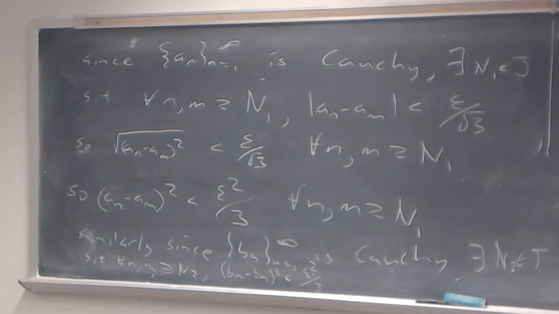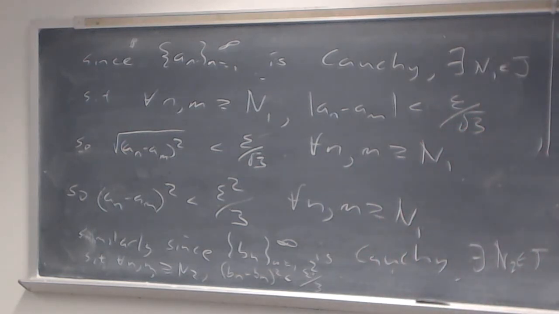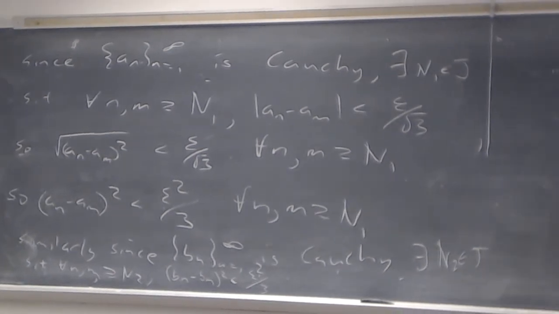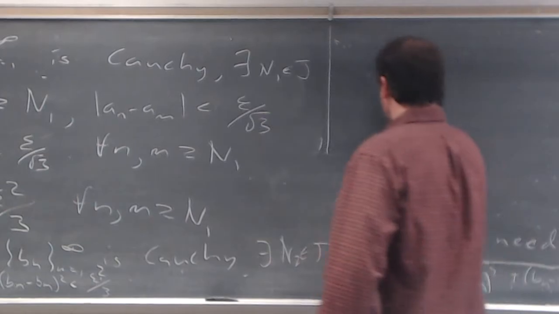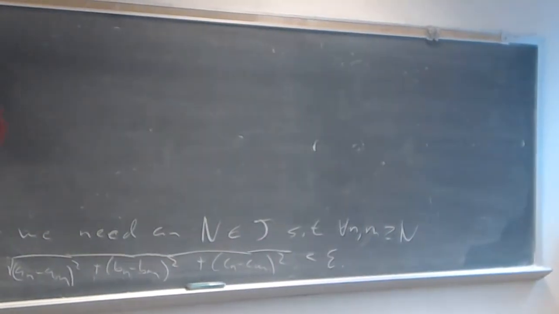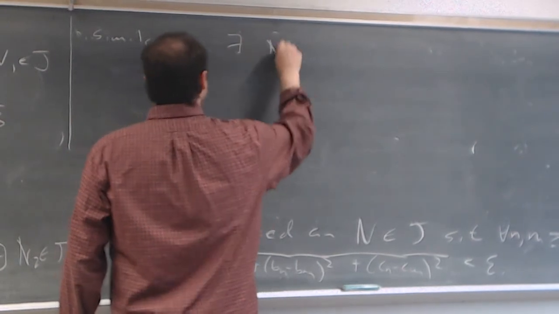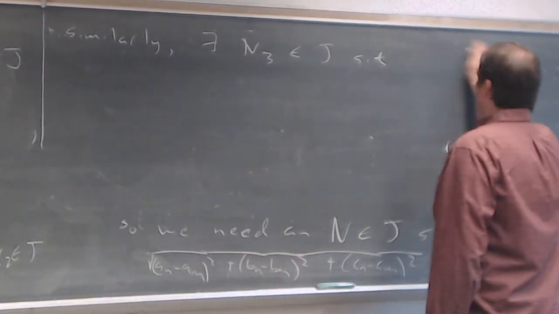Same thing. Yeah, that's right. Look, I'm working over here. Remember, this is the guy that we want. This is what we want. I'm going to leave it up here for a second longer. I'll raise this up. Similarly, there exists an N sub 3 element of J such that what?